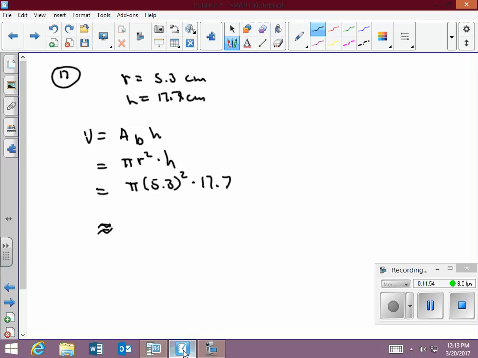That's approximate. And that's centimeters cubed.